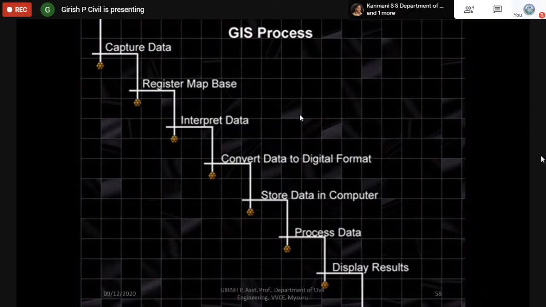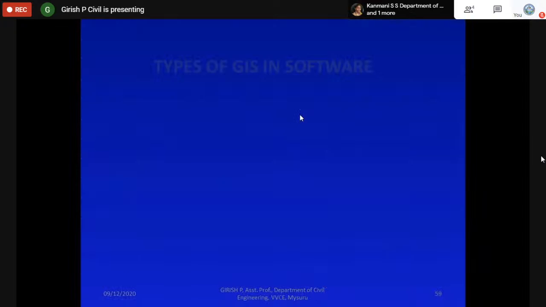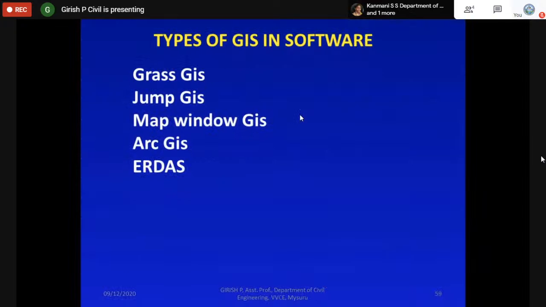This is the process, from the starting point, capturing data from remote sensing, to the software running and displaying the result. The types of software widely used in GIS are GRASS GIS, JUMP GIS, MapWindow GIS, ArcGIS, and ERDAS. The full form of ERDAS is Earth Resources Data Analysis System. There are different versions of ArcGIS and ERDAS.